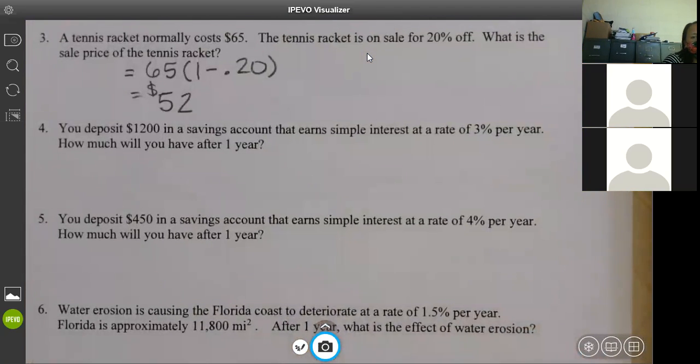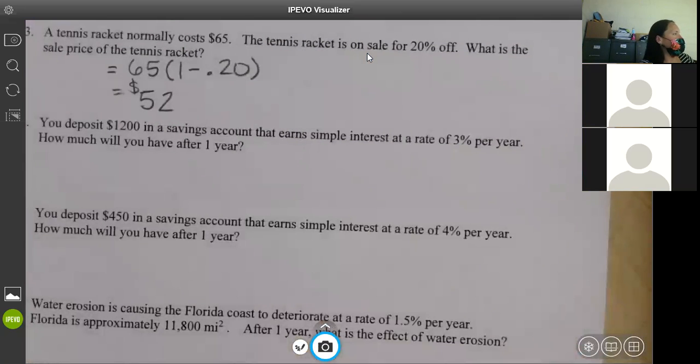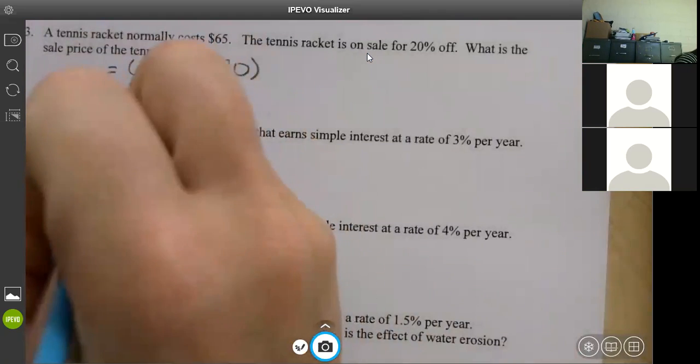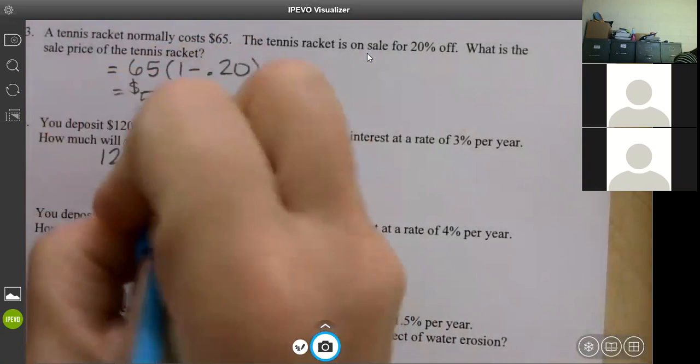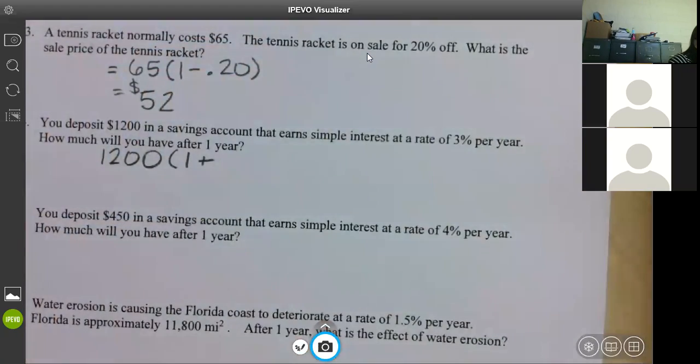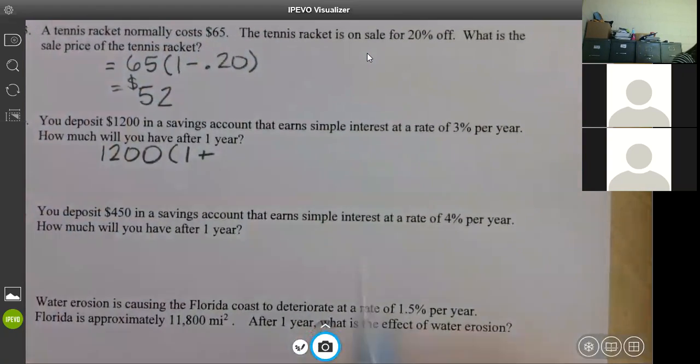You deposit $1,200 into a savings account that earns simple interest at a rate of 3% per year. If you earn interest, are you adding money into it or subtracting it out? Adding. So that's what you need to know. How much should I start with? 1,200. We said 1 plus. How do I write 3% as a decimal?